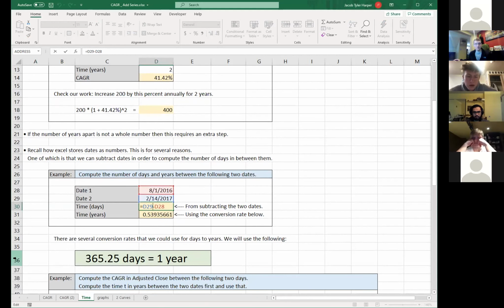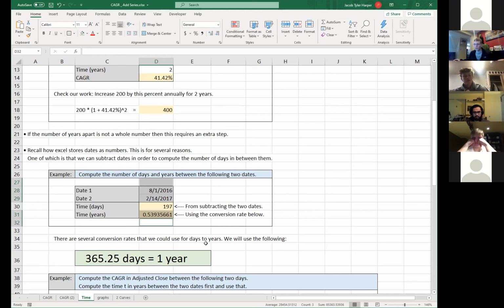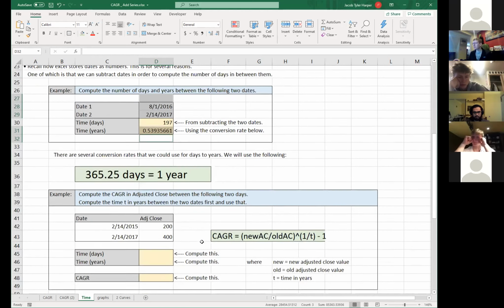So I can use this conversion right here in green to do one more step. I divide the number of days by the conversion rate, and I get that the amount of years between those two dates is roughly 0.539 years, an exact value, which is really nice because if we're getting different numbers, none of our answers are going to agree. So let's actually start that first problem over again with this new method.